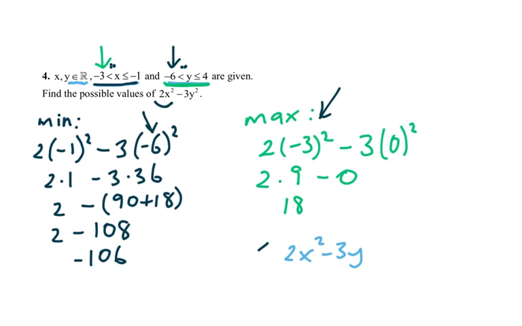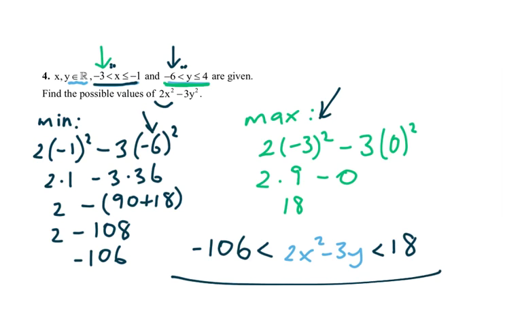So the smallest value here is -106, and the maximum value here, 18, and those values are not possible. So these are the possible values here for the expression.